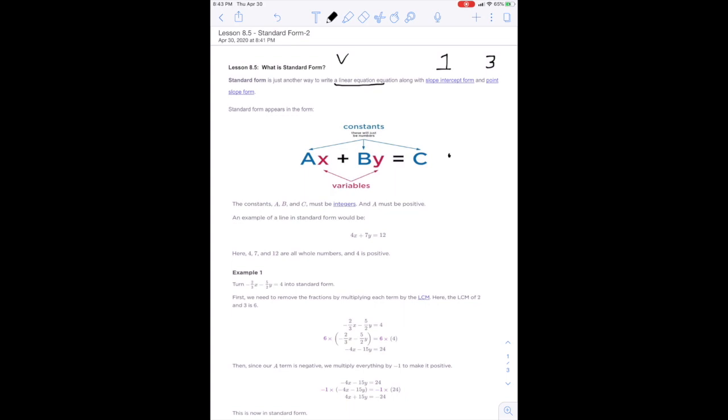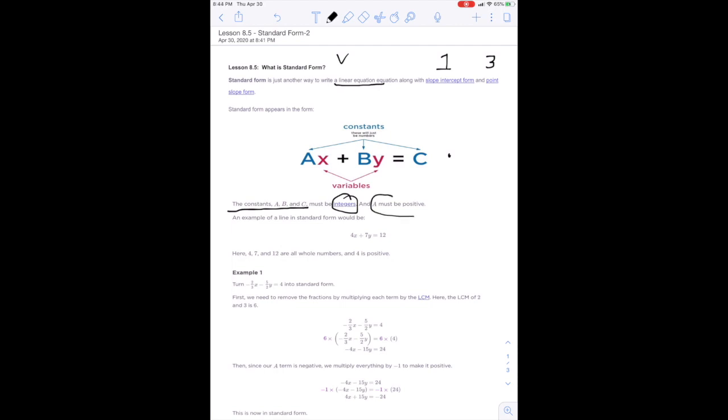Ax plus By equals C. You'll notice that the A, the B, and the C are constants. These will always just be numbers. They can be decimals, they could be fractions to begin with, but they will be numbers. X and y will always remain as variables. Remember this: the constants A, B, and C must be integers.